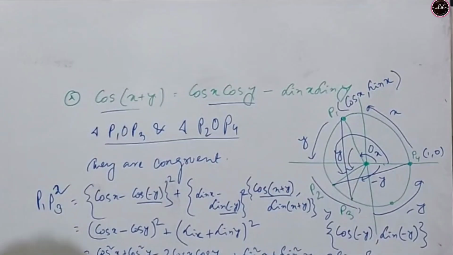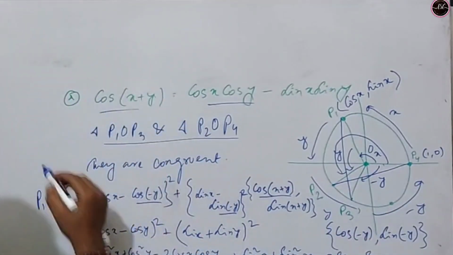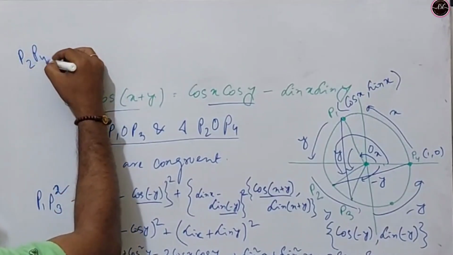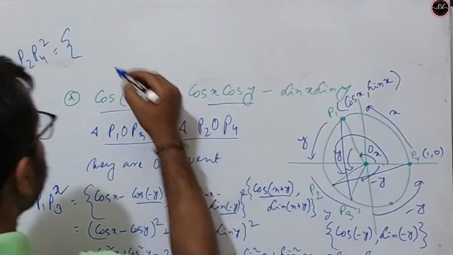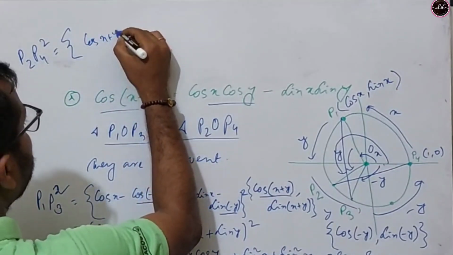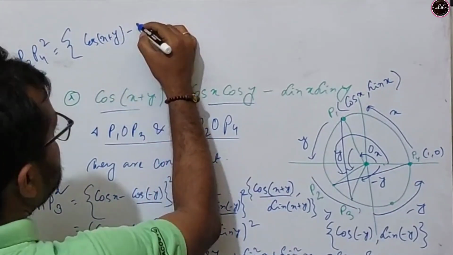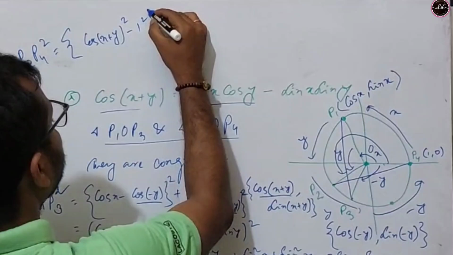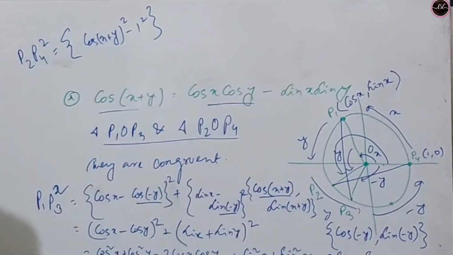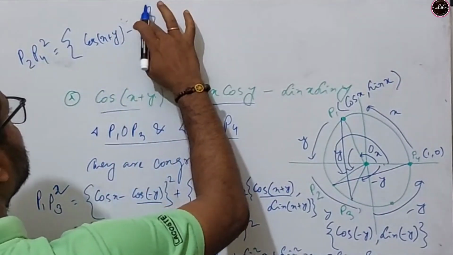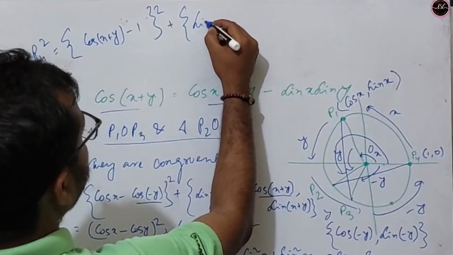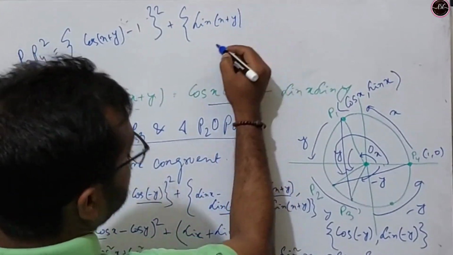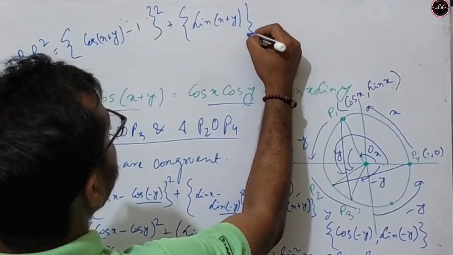By the similar distance formula, P2 P4 whole square equal to cos of x plus y minus 1 whole square plus sin of x plus y whole square.